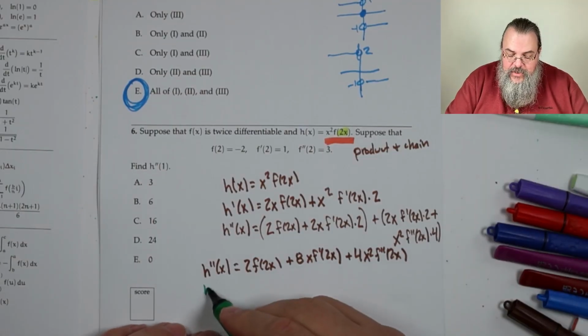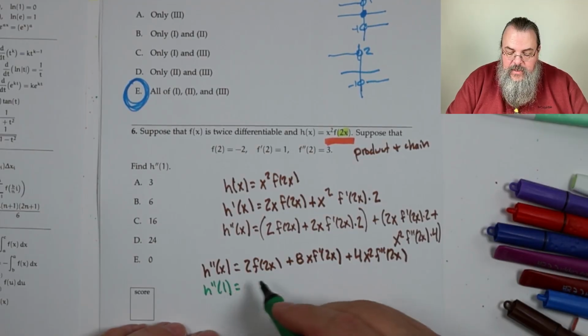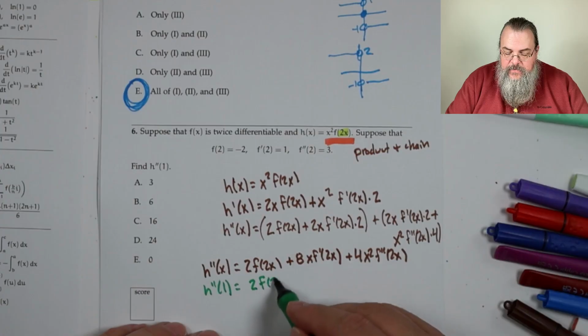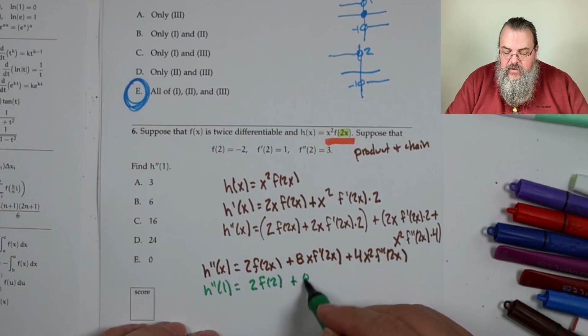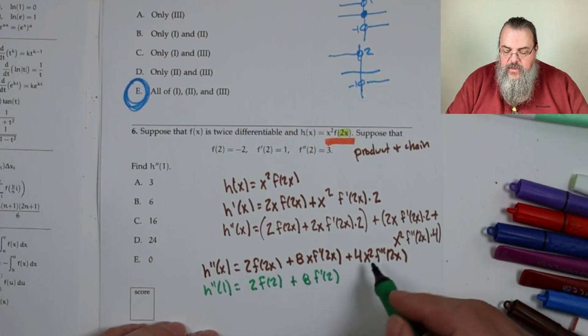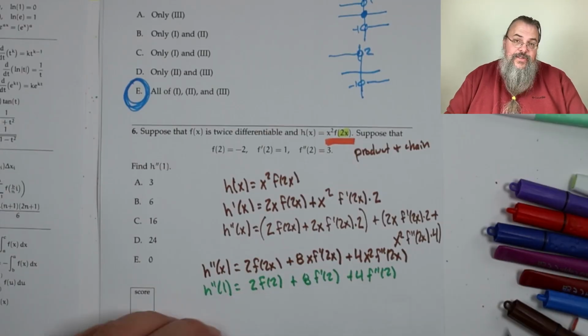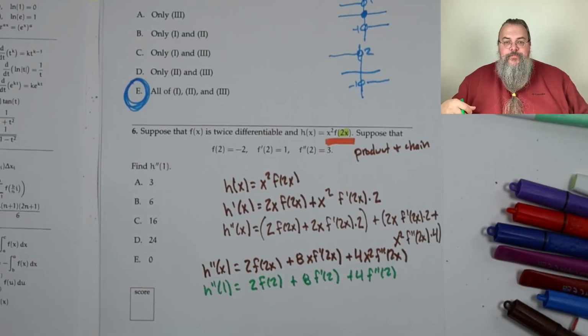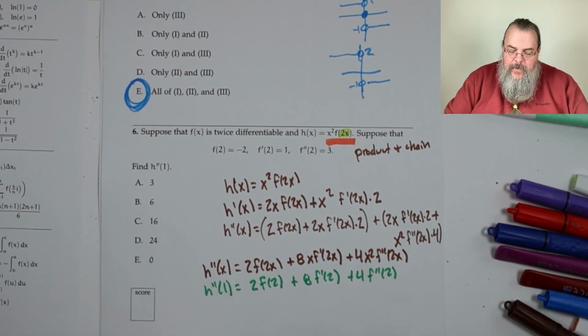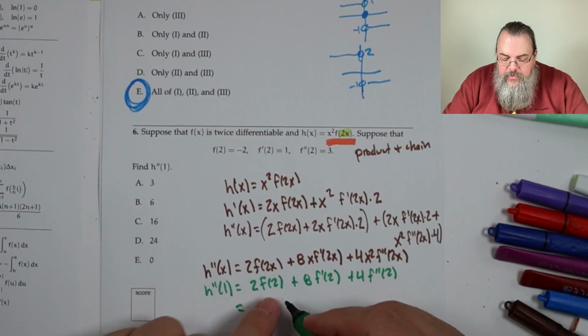So, h double prime of 1 is 2 times f of 2 plus 8 f prime of 2 plus 4 f double prime of 2. It's really easy to plug in 1. Essentially just say, the x's go away, because they're 1s. So, we know these values.